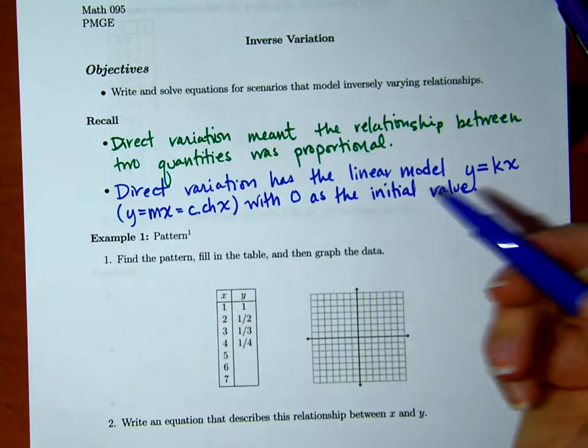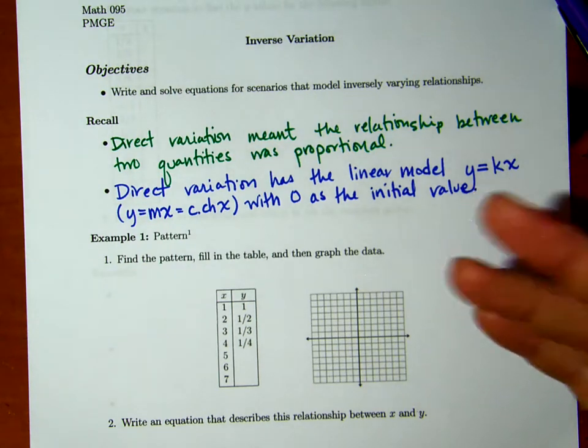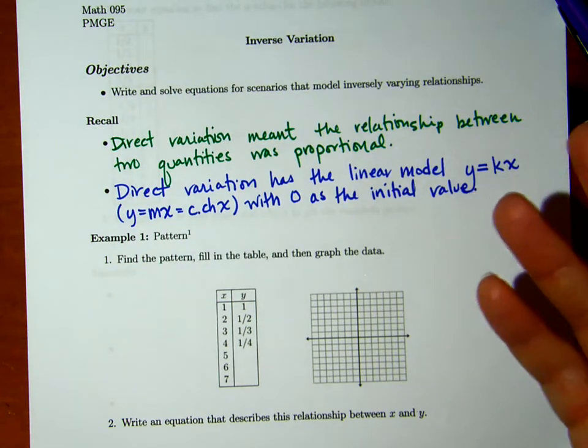I remember vaguely we did some examples where we did money exchanges, and those are direct variations. They are definitely proportional. How much you get in the other currency is proportional to how much you have.